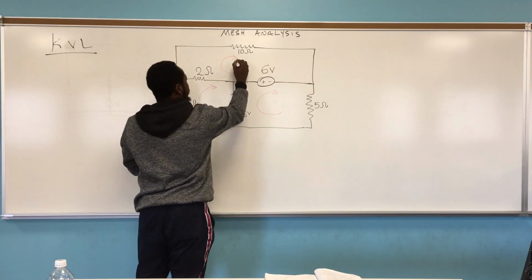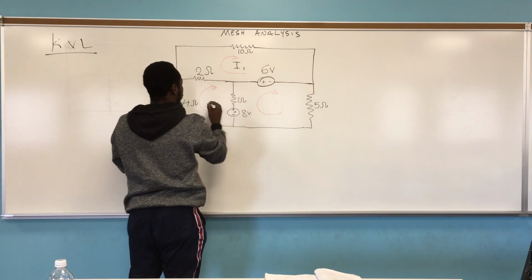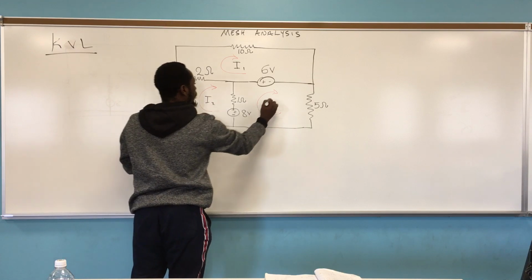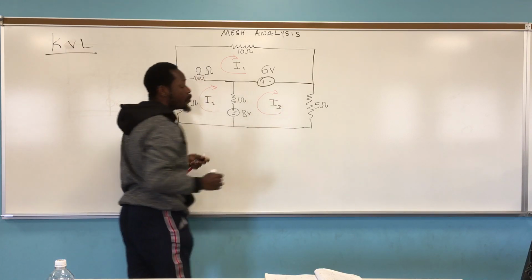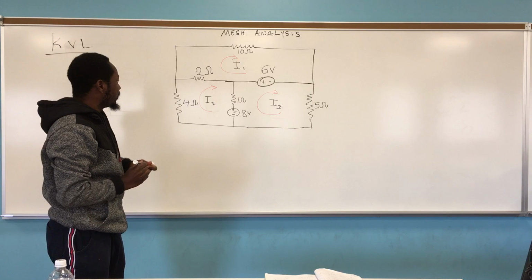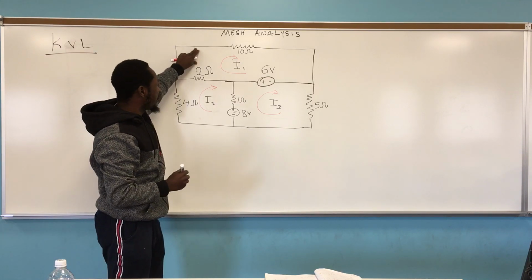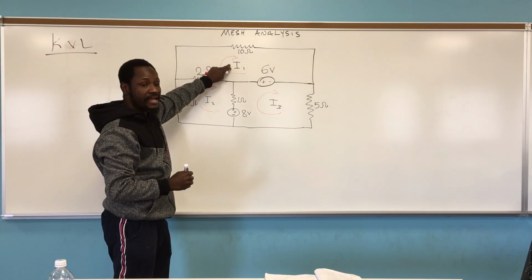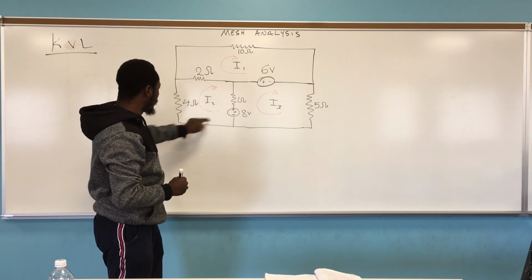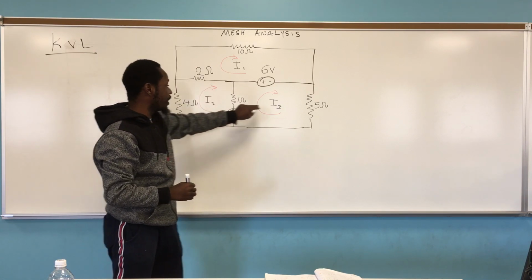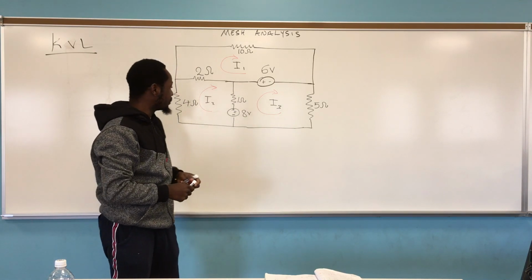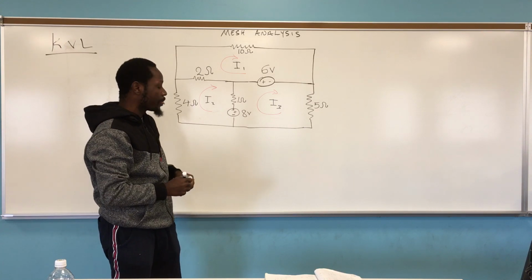So I'll call these I1, I2, and I3. What this means is that this loop has a mesh current I1, this loop has a mesh current I2, and this loop has a mesh current I3.